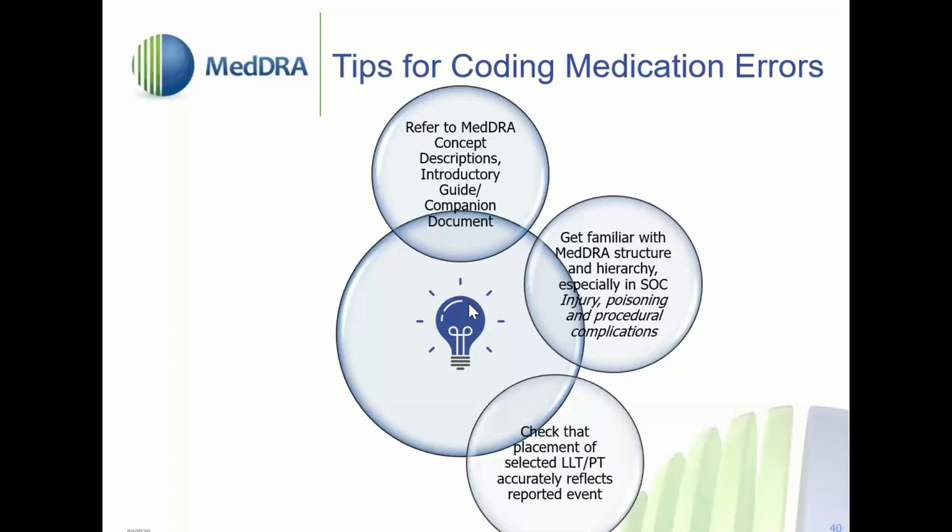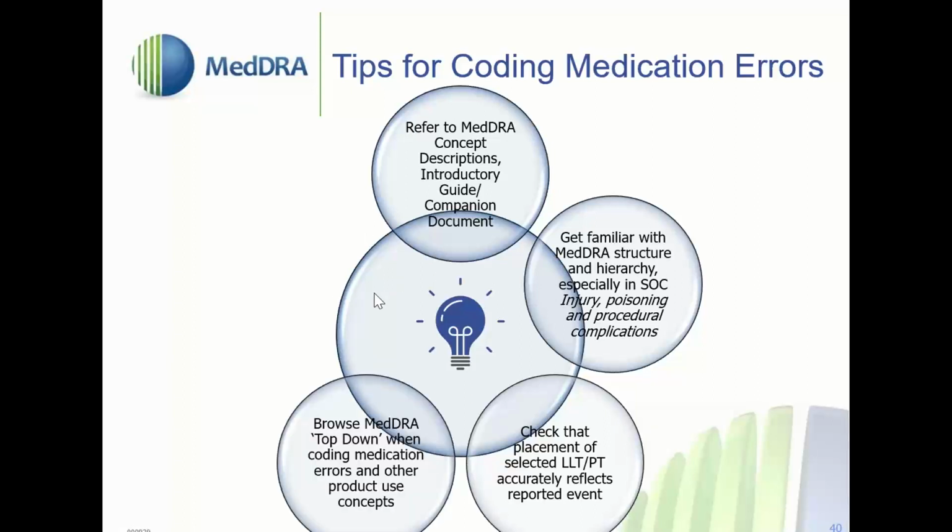Once you have found a potentially appropriate LLT and PT for the reported incident, check if the placement of the selected LLT and PT accurately reflects the reported event. So it's best to search the MedDRA hierarchy, like I showed you, top down, starting at the SOC, going to the LLT when coding medication errors and other product use concepts, unless you are very experienced in coding, right?